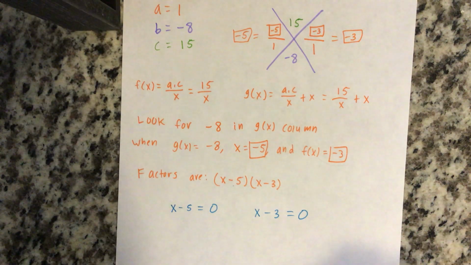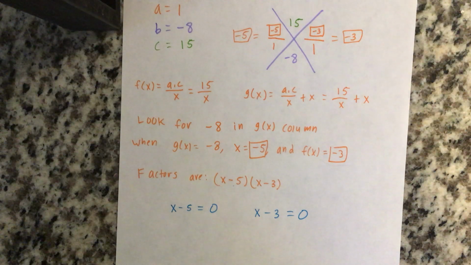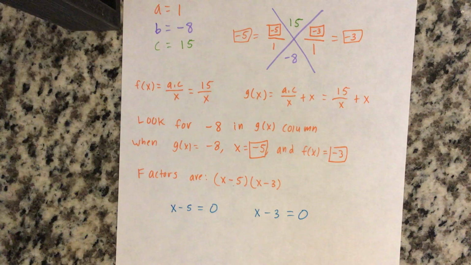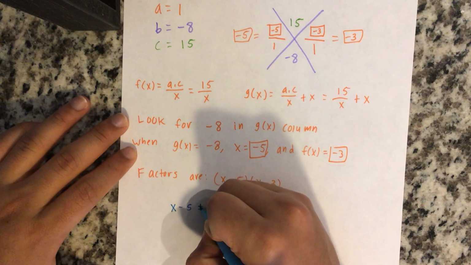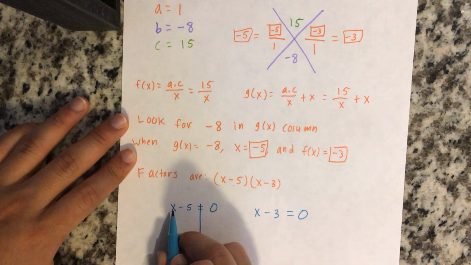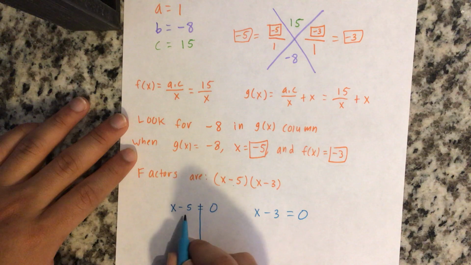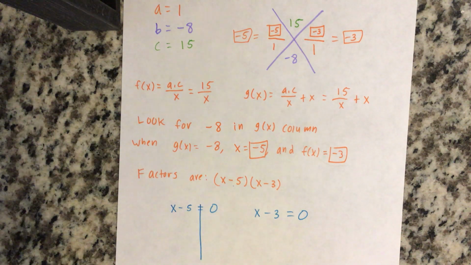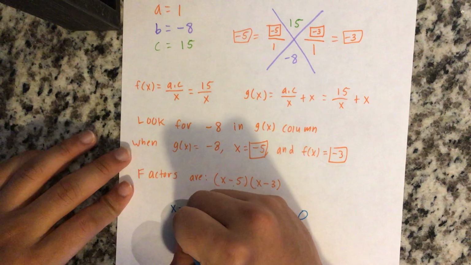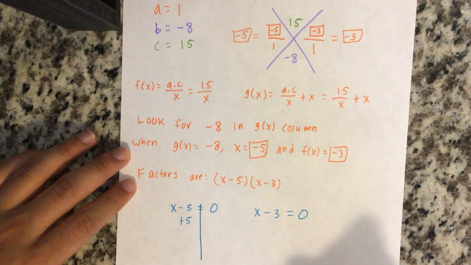So what I need to do now is to solve for x. Okay? So I want to get x by itself. So on this left one, remember we draw our line to solve for x. Now how do I get x by itself, right? How do I get rid of this -5? What's the opposite of -5? Hopefully y'all would say +5. Okay?